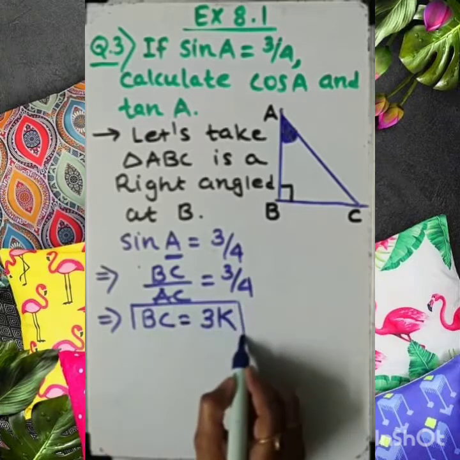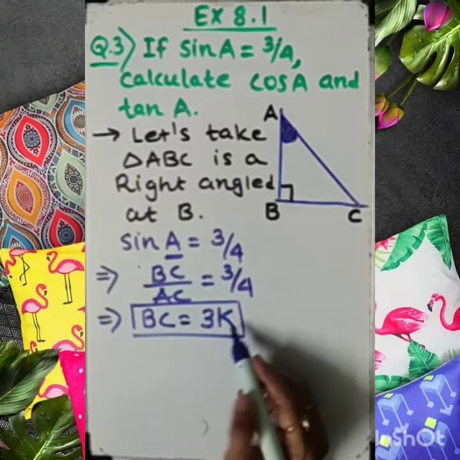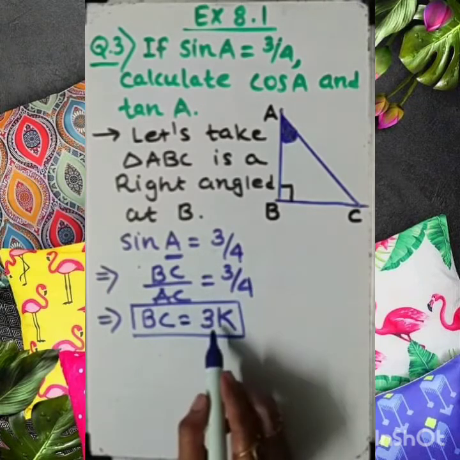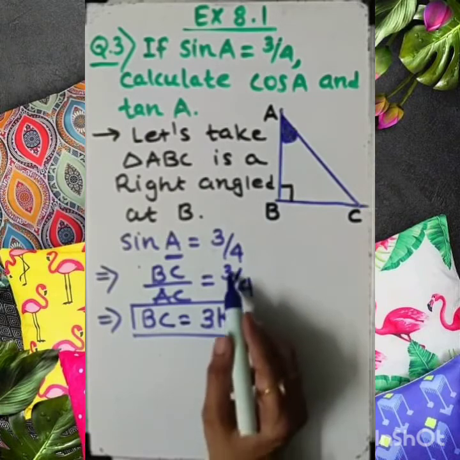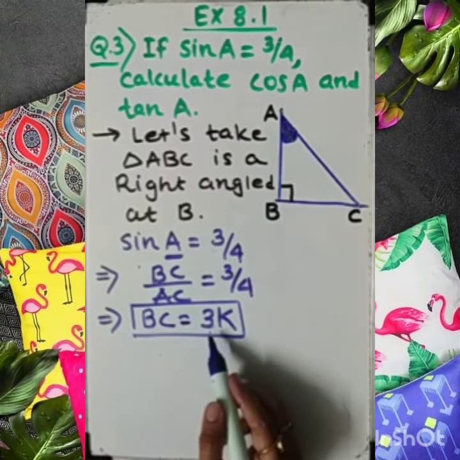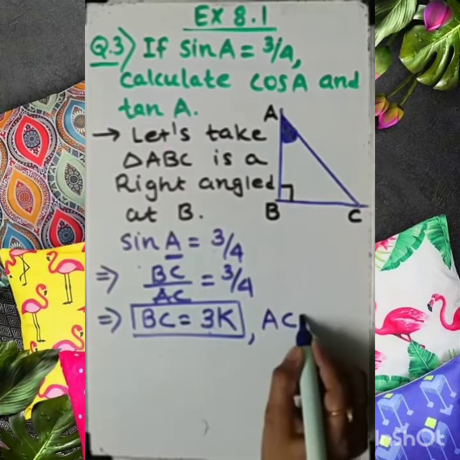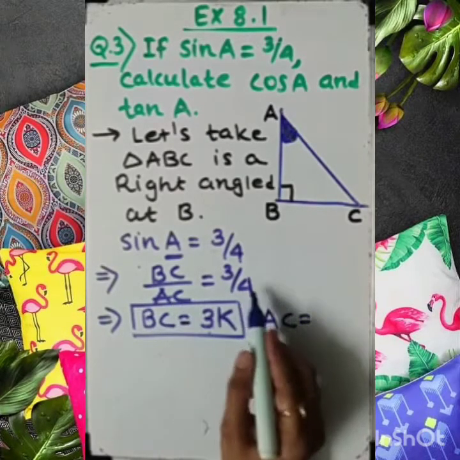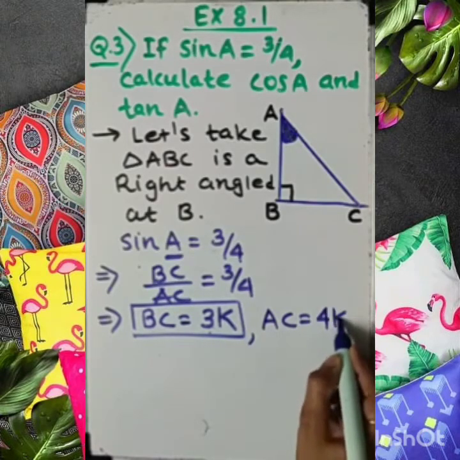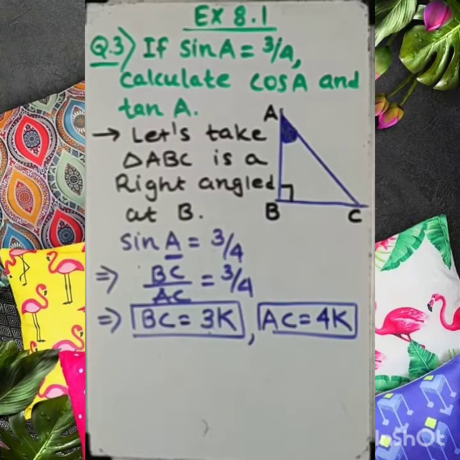My dear student, you have to choose a constant variable every time. Whenever the ratio is given, if you write 3 in place of 3K, it will be wrong. You will lose 2 marks in the exam. So you need to mention it here in the trigonometric ratio form. So AC will be 4K. So BC equals 3K and AC equals 4K.